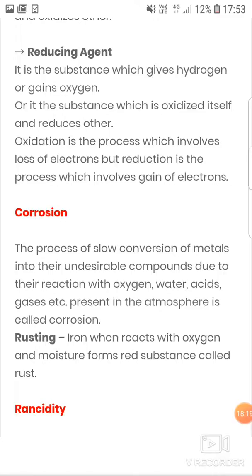So, what is a reducing agent? It is a substance which gives hydrogen or gains oxygen.